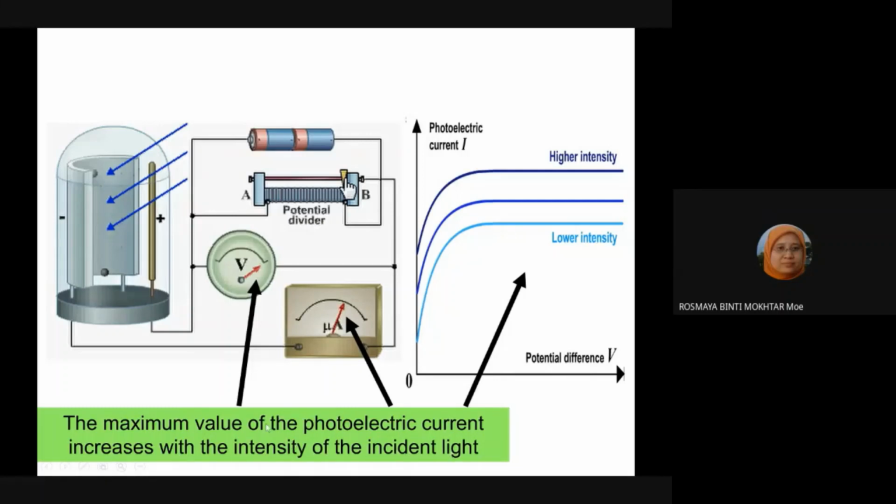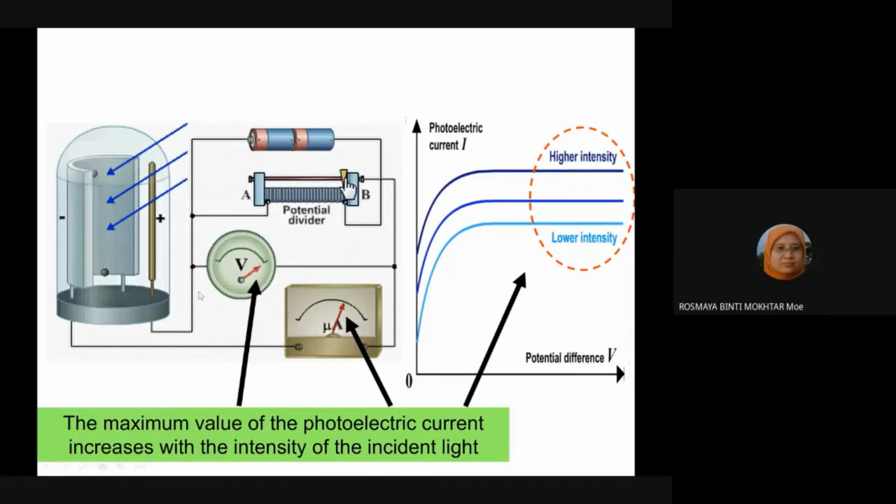Okay, remember the meaning of intensity. To imagine the intensity, you can imagine the brightness. So if the incident light becomes brighter and brighter, you increase the photoelectric current, a higher maximum photoelectric current can be reached. Any problem with this one?